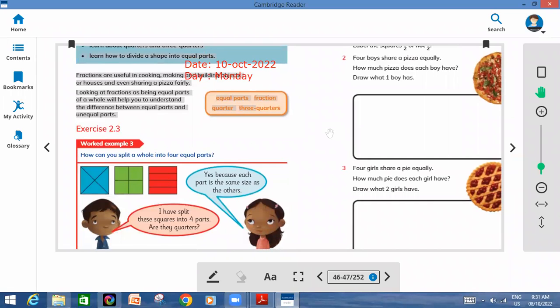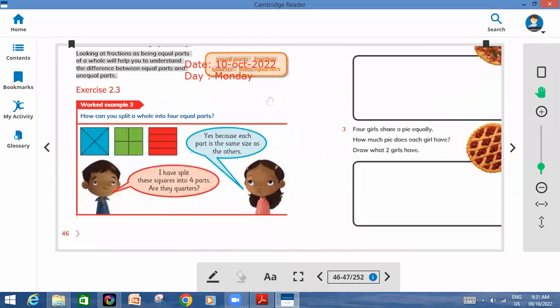So we have some of the learners vocabulary words, the words that we have to learn, that is equal parts, fractions, quarter, and three quarters. So in exercise 2.3, there is an example.